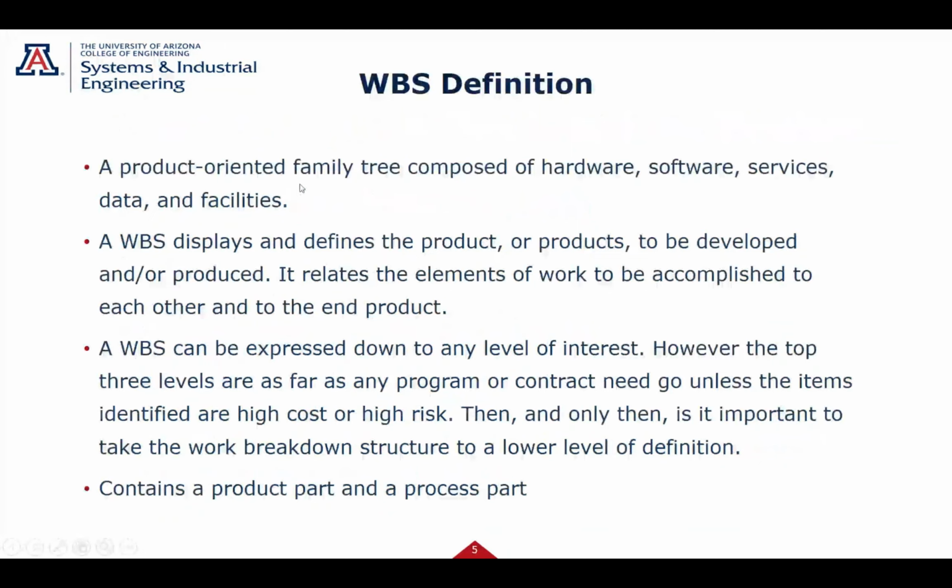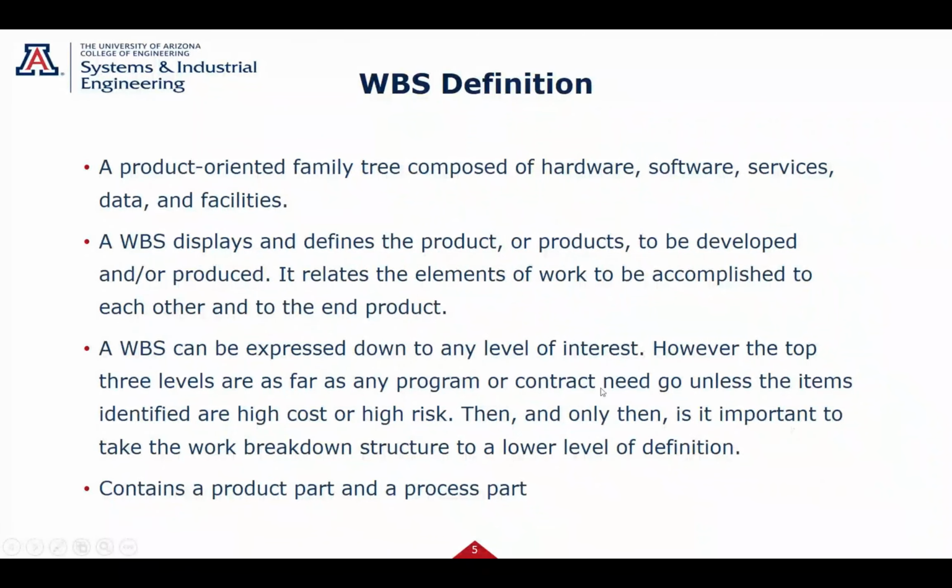So, definition: product-oriented family tree composed of hardware, software, services, data, facilities. It relates the elements. You're going to see how it relates them. It can be expressed down to any level. You're going to see we're going to do this in levels. You can go down to any level.